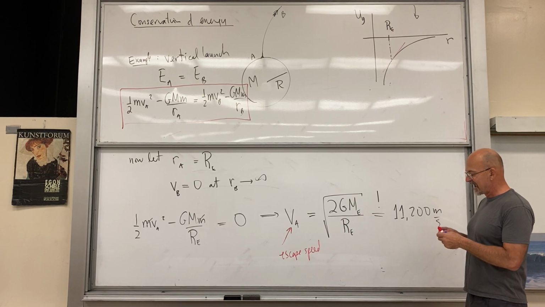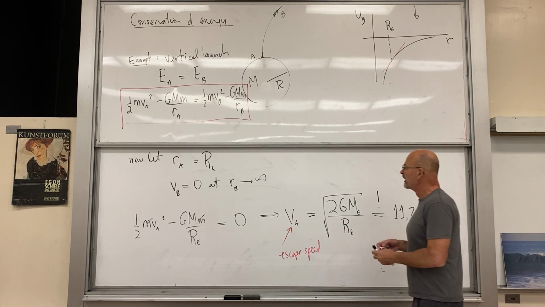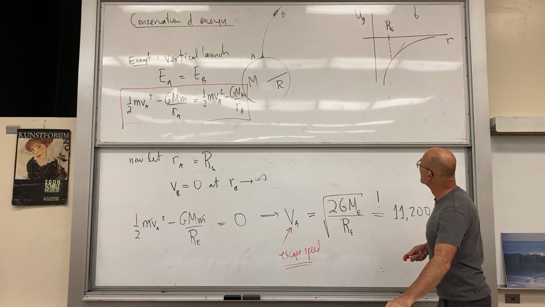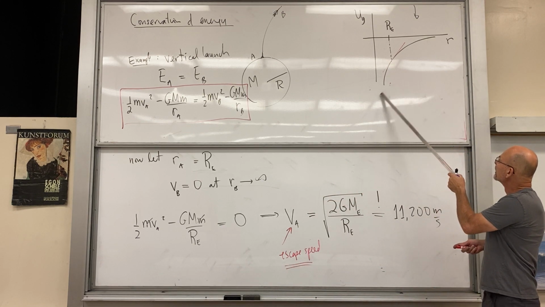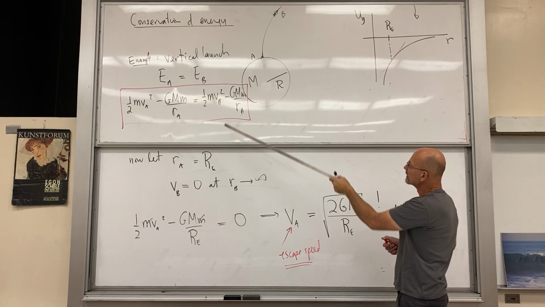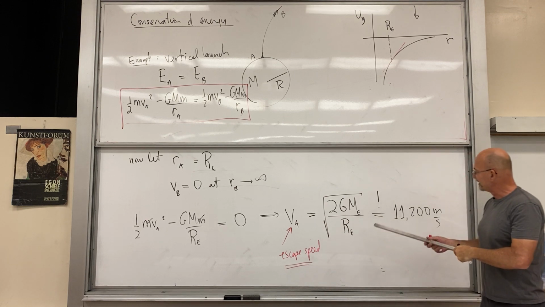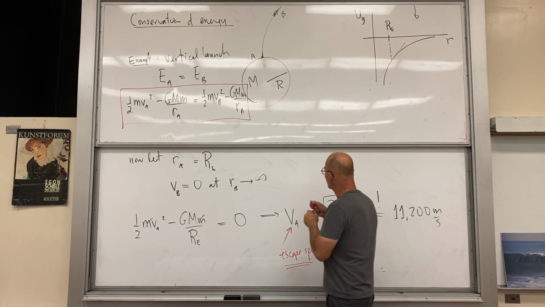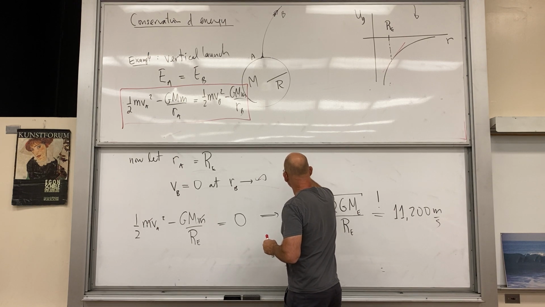And that's called the escape speed. So yeah, with this new formalism, we get all kinds of interesting stuff here. With the potential energy of that form, which I've just written down here a couple times, we get the escape speed. Okay, good. Let's leave it at that and do some homework problems.